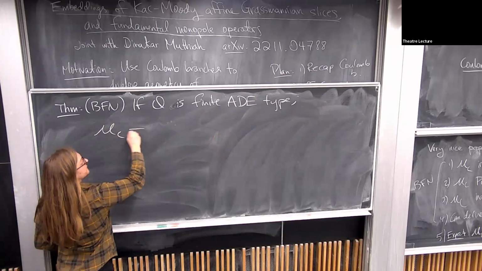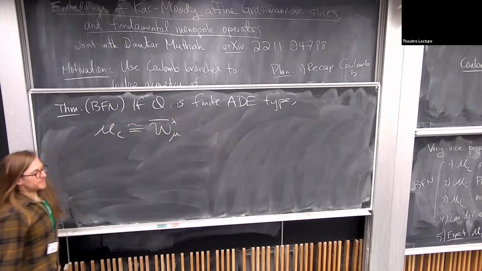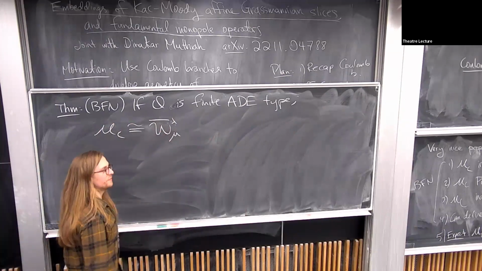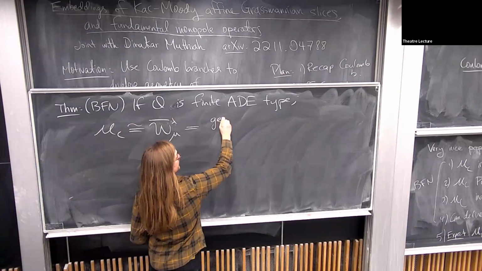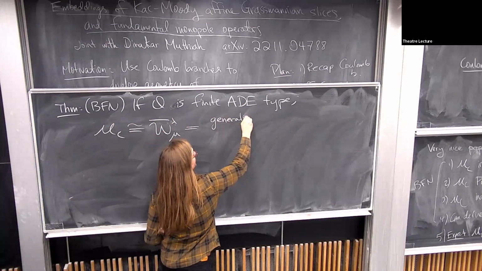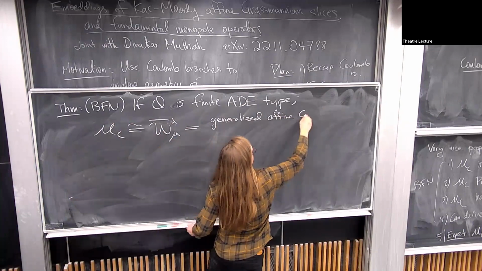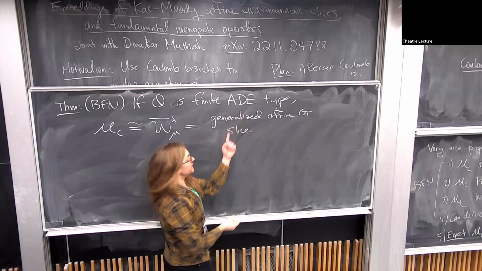MC is isomorphic to something I denote by W lambda mu. This lambda and mu are some decorations which depend on the framing and the dimension vectors. But this is what's known as a generalized affine Grassmannian slice of the same finite type.